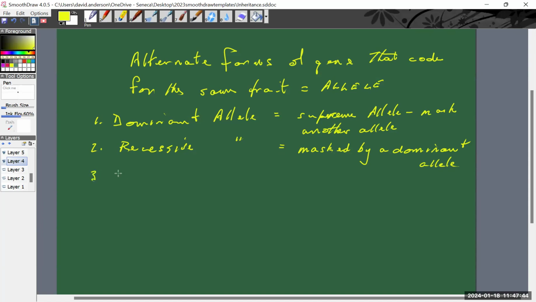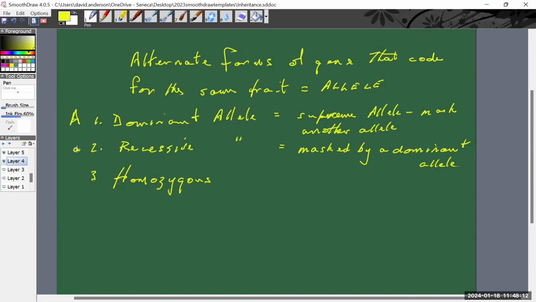So a few other considerations: we can have an expression that's described as being homozygous, and that's when both alleles are exactly the same. Lots of times alleles will be designated by a letter depending on the topic that you happen to be talking about. So if the dominant allele is represented by a capital letter, then the recessive allele would be represented by the lowercase letter.